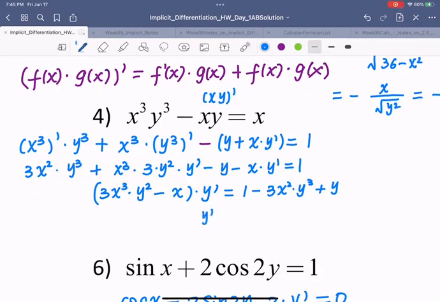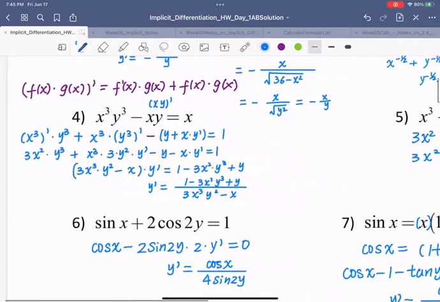So y prime equals 1 minus this, over this. Now so far good? Yes. Okay.